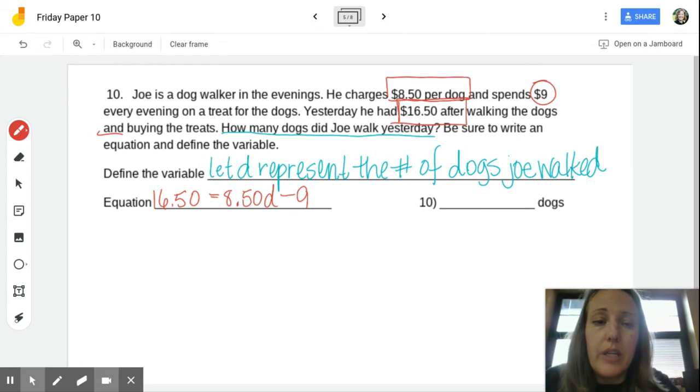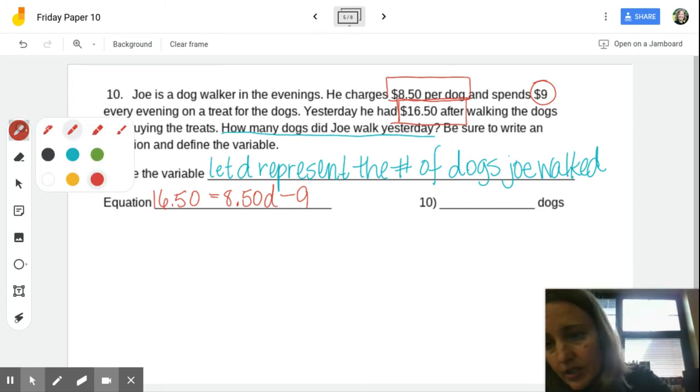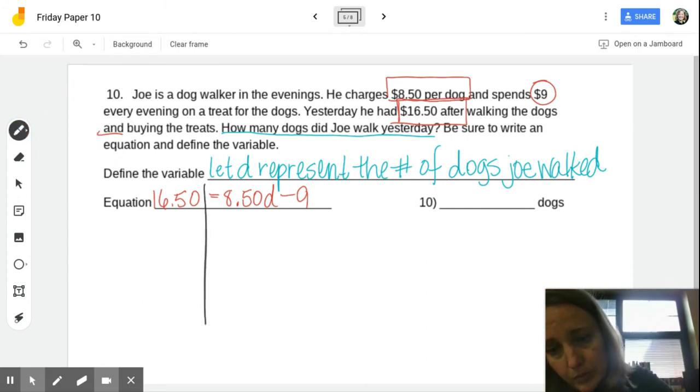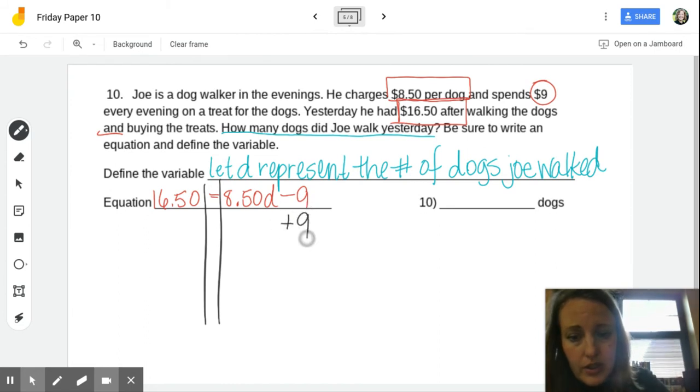All right, so we have written an equation, and we know this is an equation because it has an equal sign, it has a variable, at least one, and it has some other numbers. So I'm going to go ahead and solve this equation. Okay, we want to start the furthest away from the variable that we're trying to isolate. And make sure you line up your decimals here.